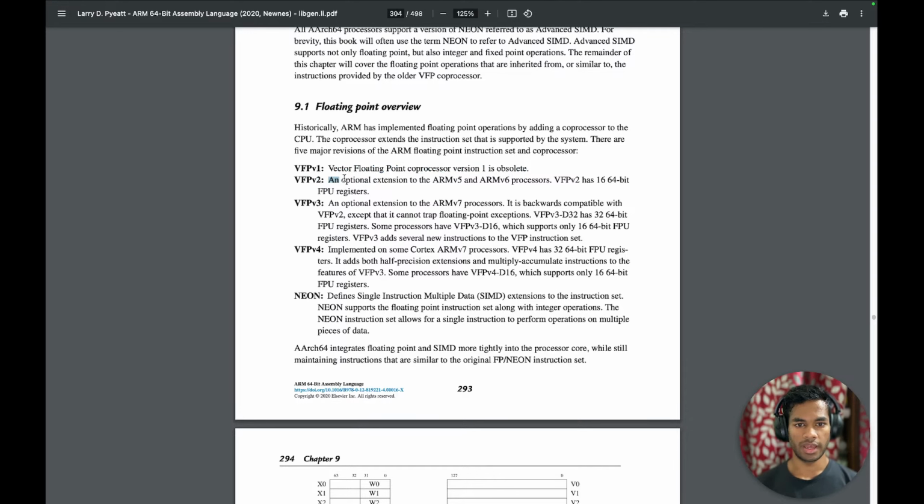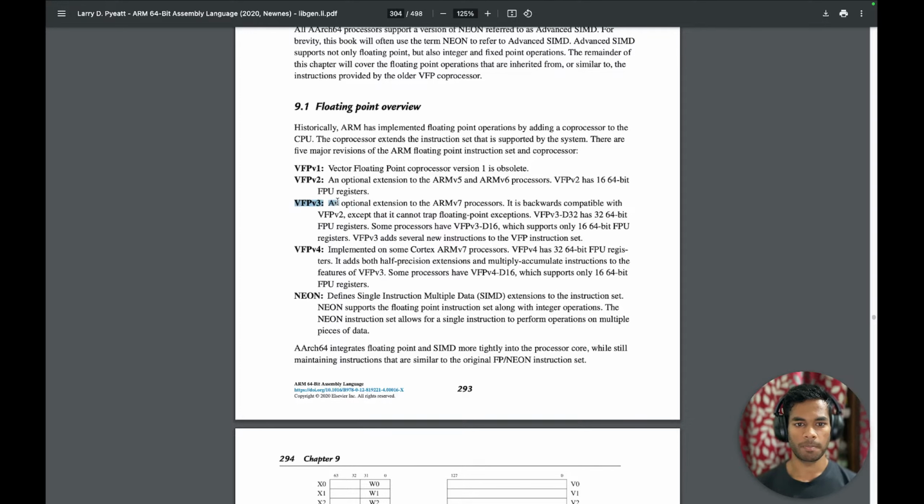Vector floating point 2, an optional extension to the ARM v5 and v6 processors. VFP version 2 has 16 64-bit floating point unit registers. We don't have to remember that.